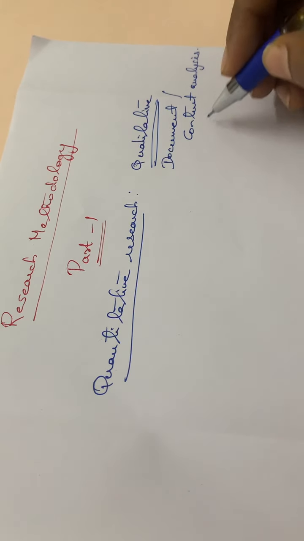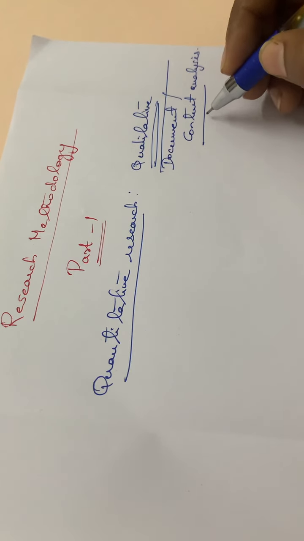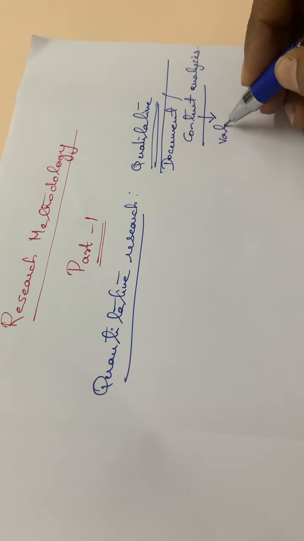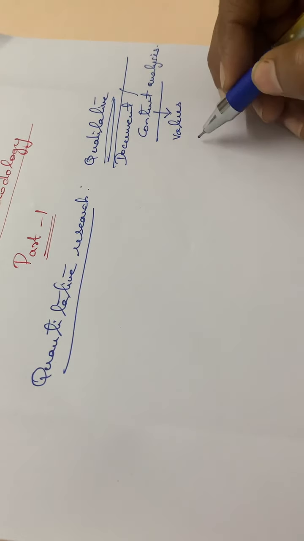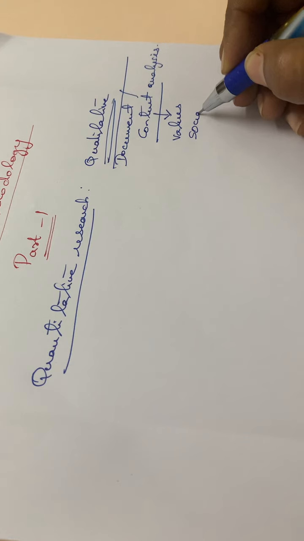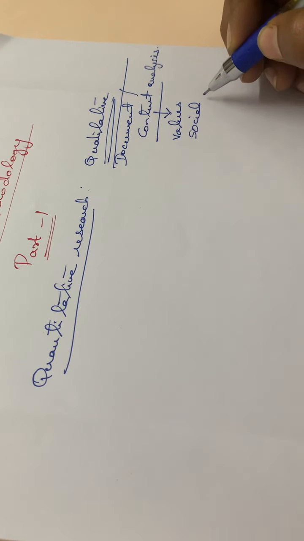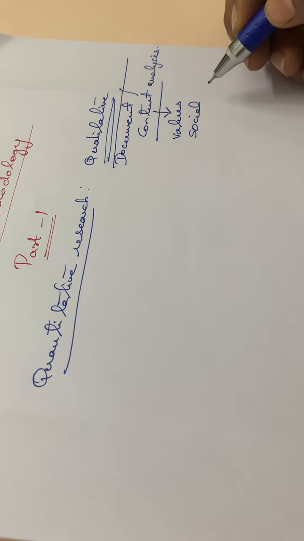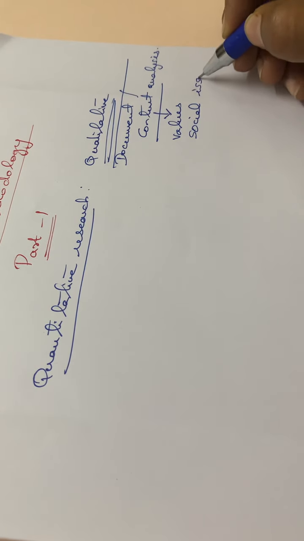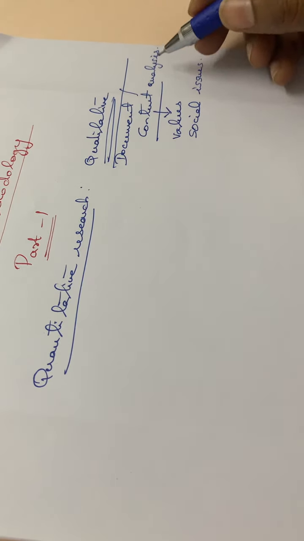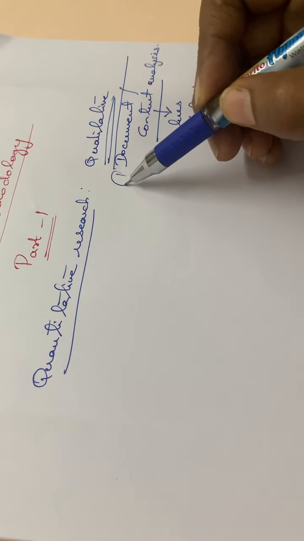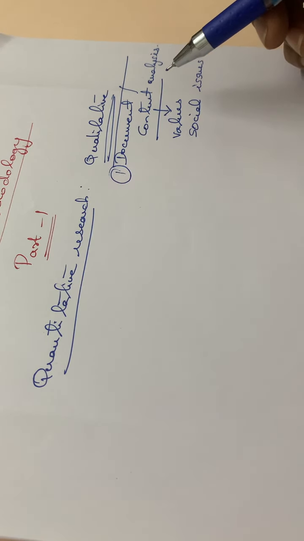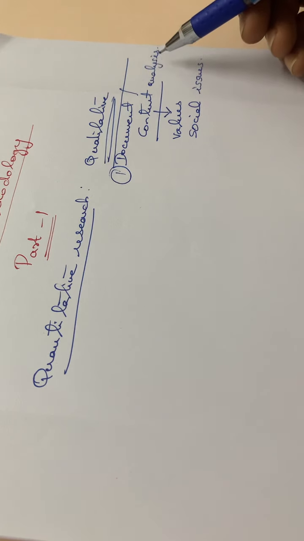You will be analyzing its content, whether that particular poem or novel has some values, any social responsibility or social viewpoint, or whether it is focusing on any social issue. Such things we analyze in the content of that book, novel or journal. So that is one type of qualitative research, document analysis or content analysis.